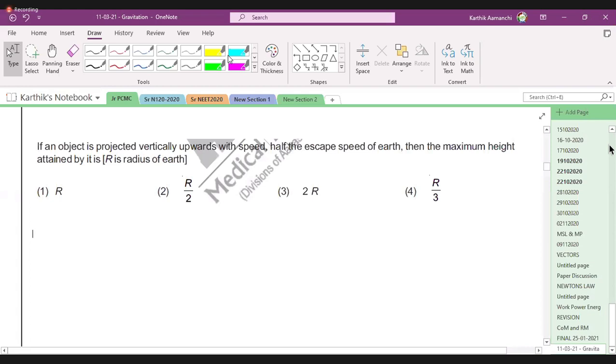Exercise 2: second question, fourth question, sixth question, 9, 12.